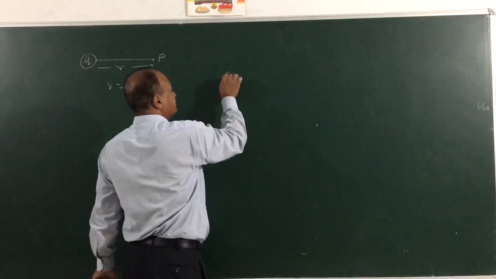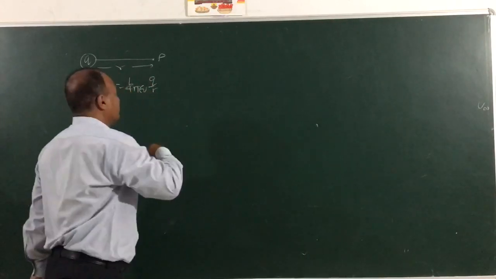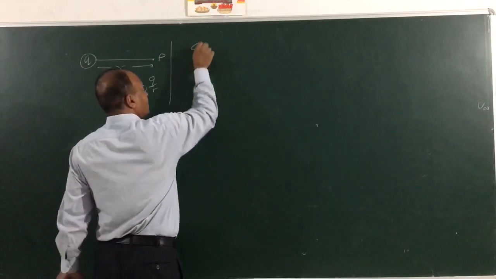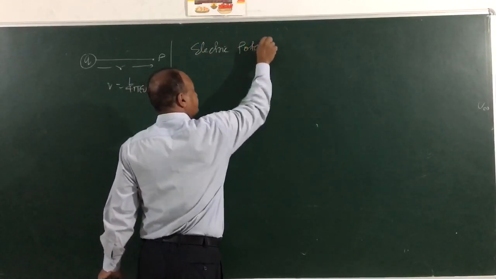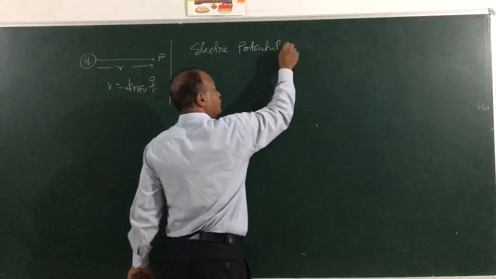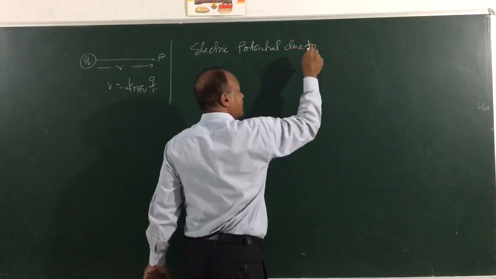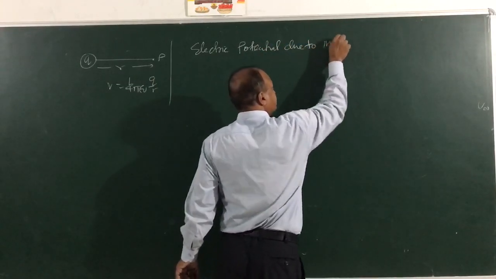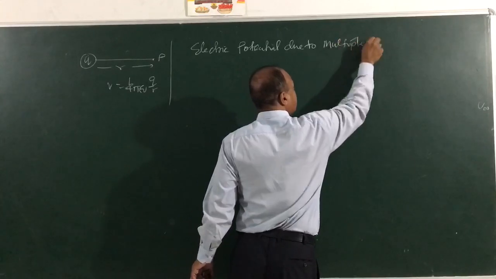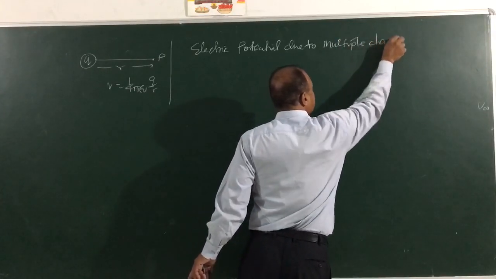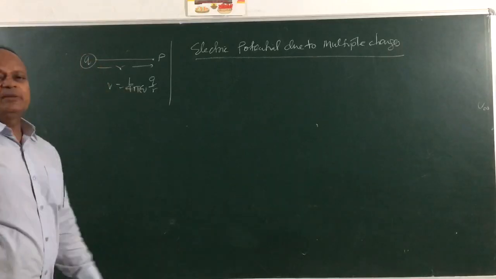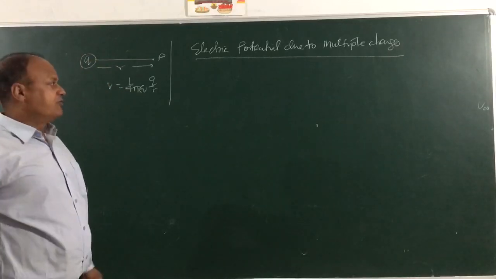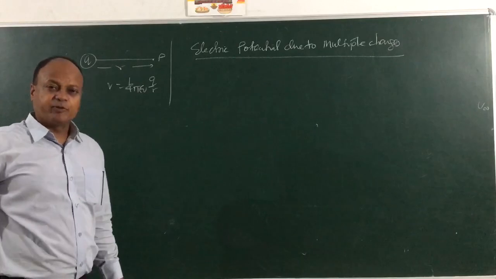So the next heading will be electric potential due to multiple charges. Meaning, if many point charges are there, how will you calculate electric potential at a given point?